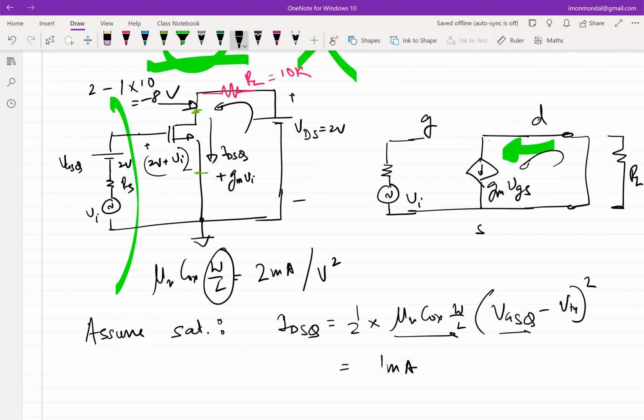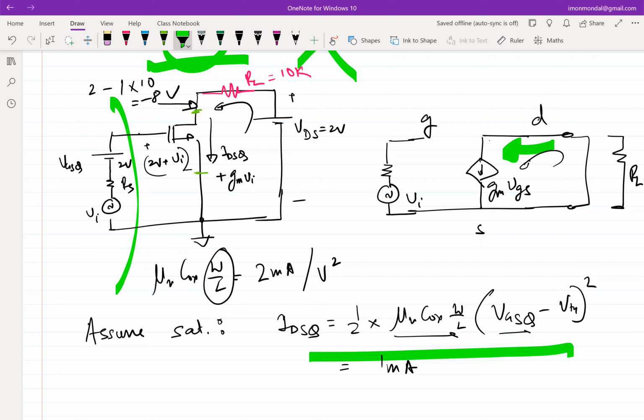So clearly, it's a non-sustainable situation, right? So the transistor will definitely not be in saturation. It will go into triode, and when it goes into triode, you cannot use this equation. You have to use a triode region equation to figure out what the actual voltage will be. But that is beyond what we want. We just want to establish whether it's in saturation or not. So this gives you the handle that this is not in saturation.